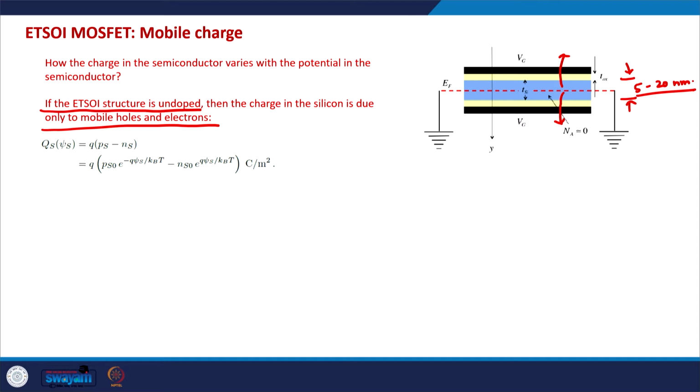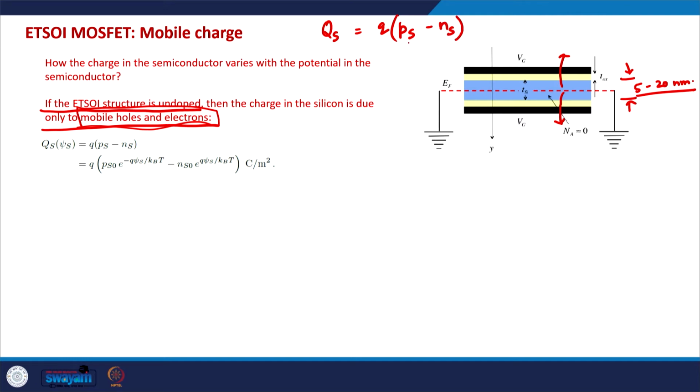So the depletion charge is negligible, and the total semiconductor charge is just because of the mobile holes and electrons. That's why we can write the total semiconductor charge to be Q times the number of holes minus the number of electrons in the semiconductor.